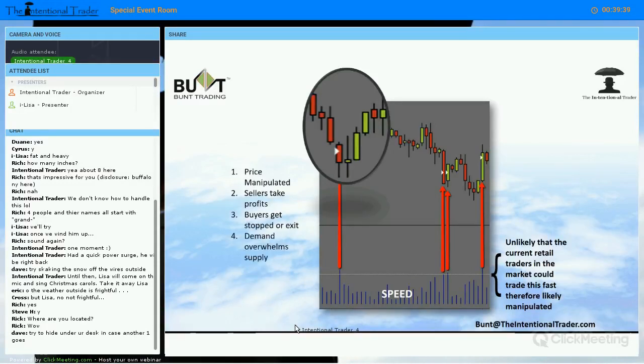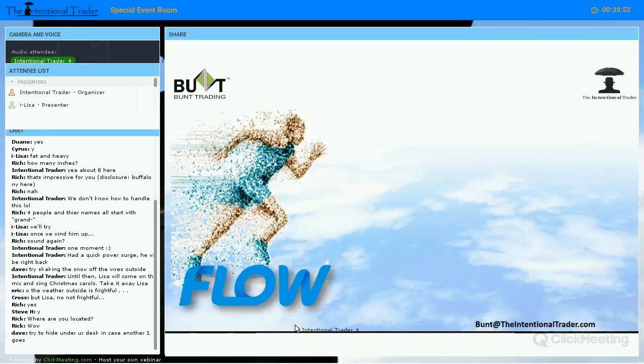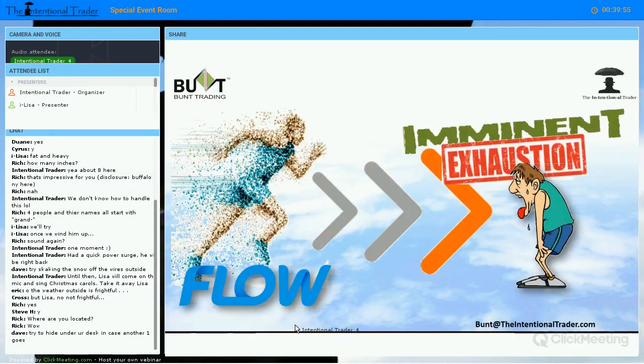Demand will begin to overwhelm supply, and price will turn because of the new demand. And they do it over and over and over again. So now we know that we have this flow which leads to imminent exhaustion, this increased flow, this speed. And we know that when it reaches a certain point, exhaustion is going to set in.